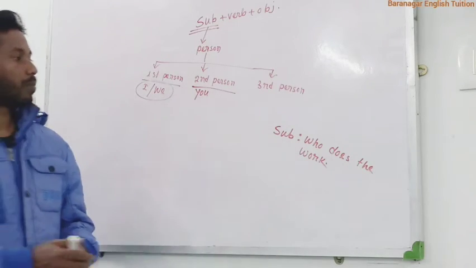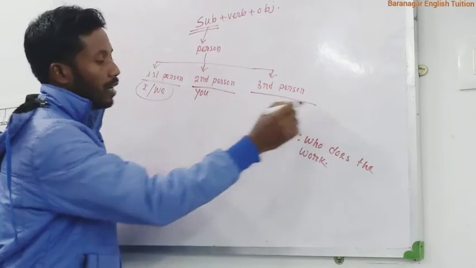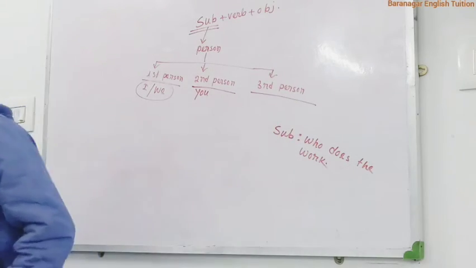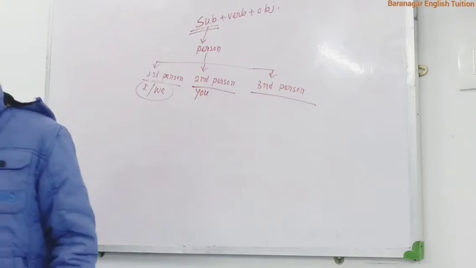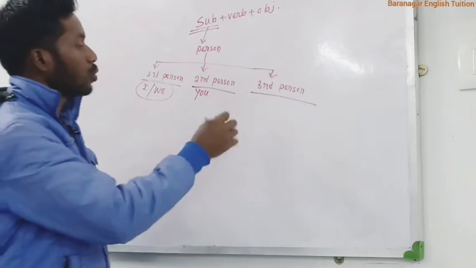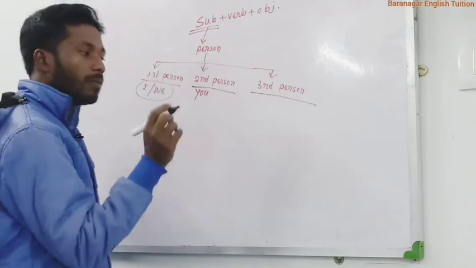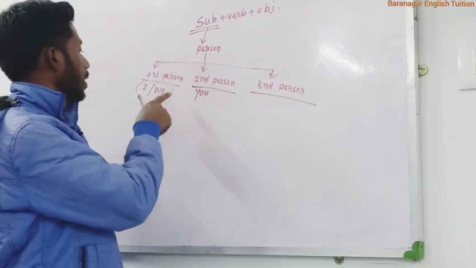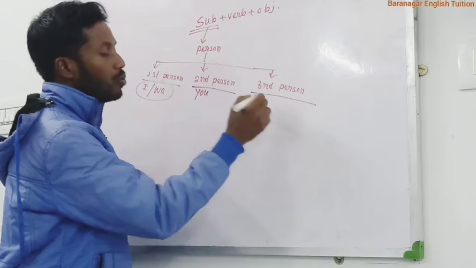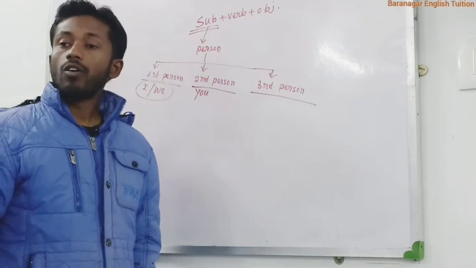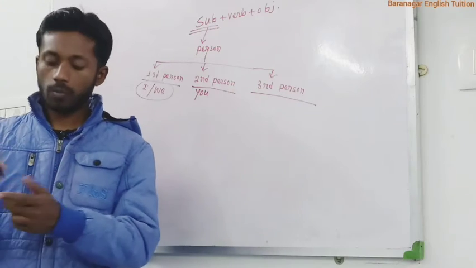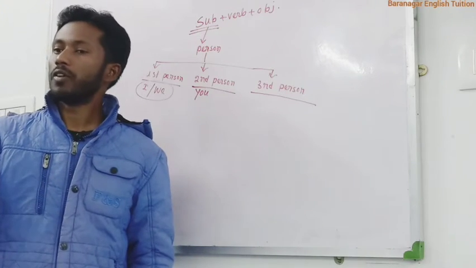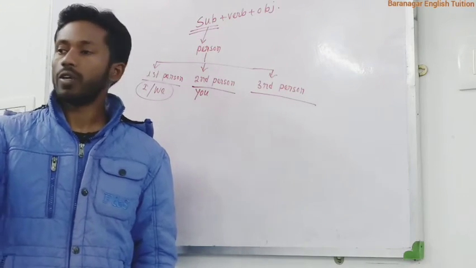Third person is very simple, means I'm erasing this one so that I can show it clearly, and I need space here also. So third person is simple way, except you, I or we. Except you, remember these are the three words, you, I, we.